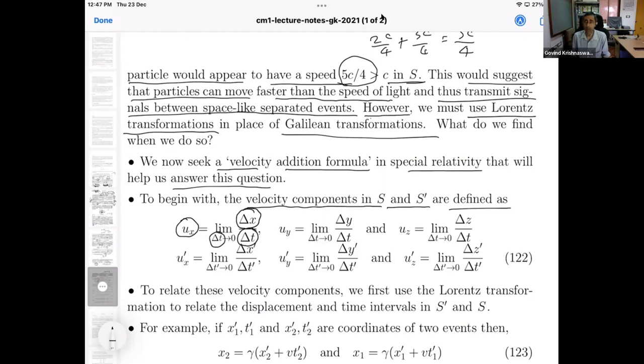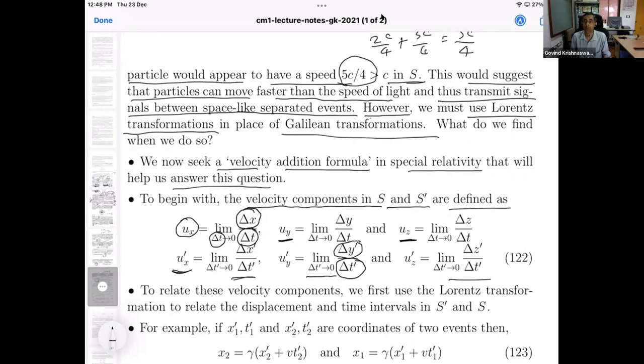That's what we mean by the x component of velocity in frame S. In a similar manner, you can define the y and z components of velocity in the frame S. In an analogous manner, the velocity components in frame S prime are given by the ratio of the displacements in S prime, so delta y prime by delta t prime, in the limit delta t prime goes to 0, and similarly for the z and x components.